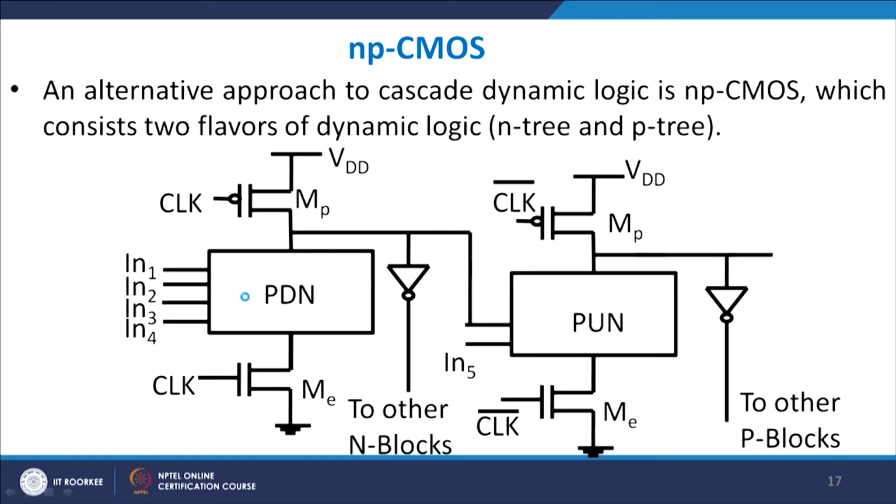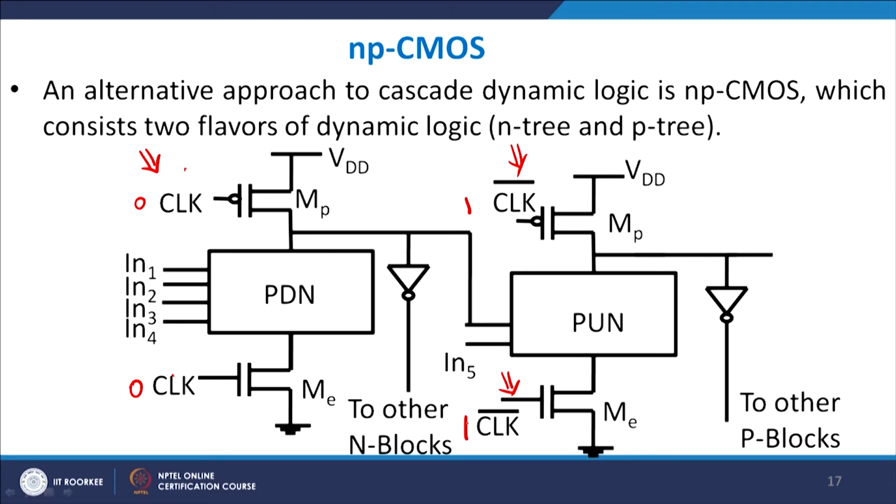Another alternate approach is using NP logic. It is exactly the same as domino logic, only that we have a dynamic logic with clock, and then we drive it with a dynamic logic with clock bar. Let us suppose clock is low, so this is low, but then this is high.